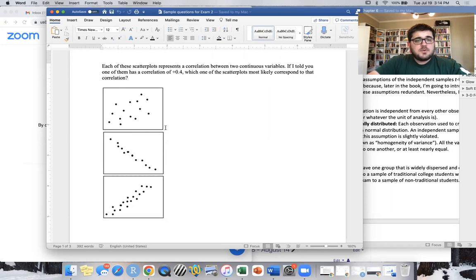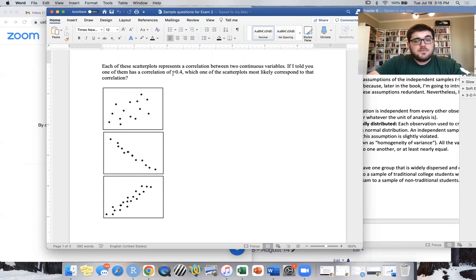If it's a positive correlation, y goes up as x goes up. They should be going in an upward, rightward diagonal direction. When you read left to right, everything should be going up. This one, you read left to right, everything's going down. It's a negative correlation.